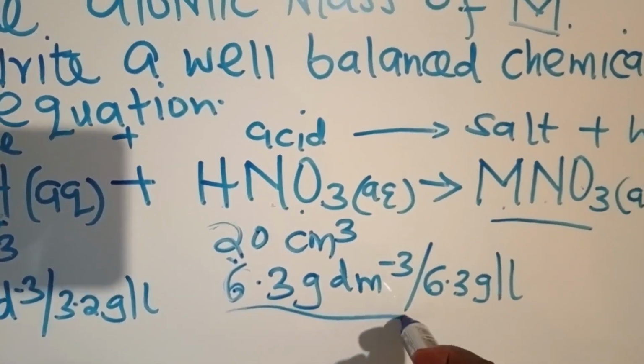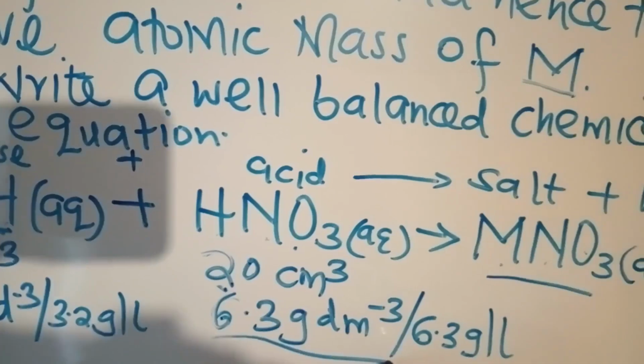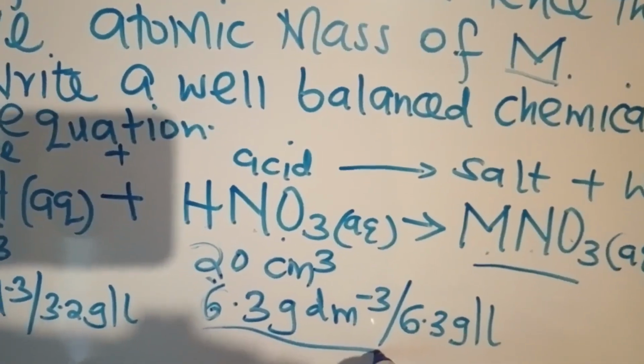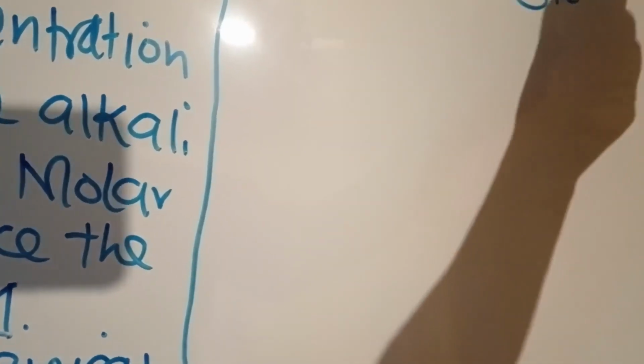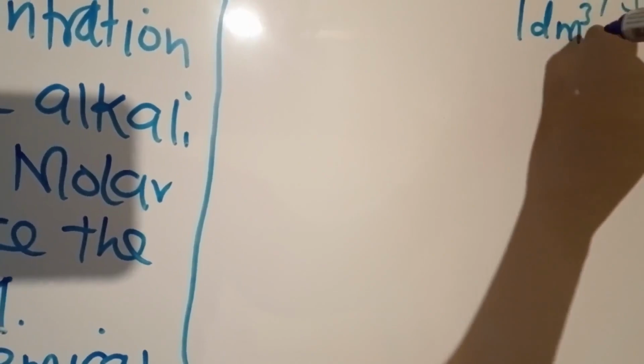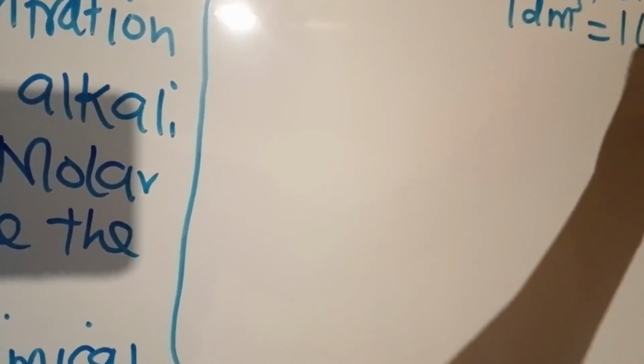And the known is nitric 5 acid. For nitric 5 acid, we have two things. We have the volume 20 centimeters cubed, and also we have the gram per liter or gram per dm cubed. It is the same as 1 dm cubed is the same as 1 liter.